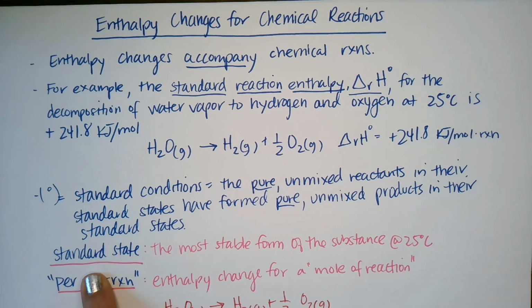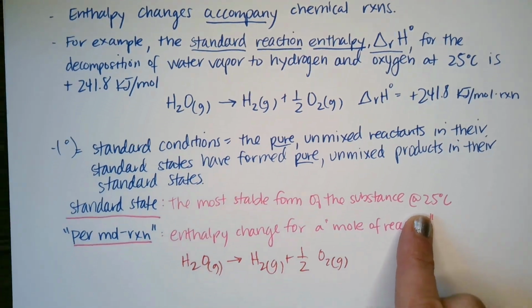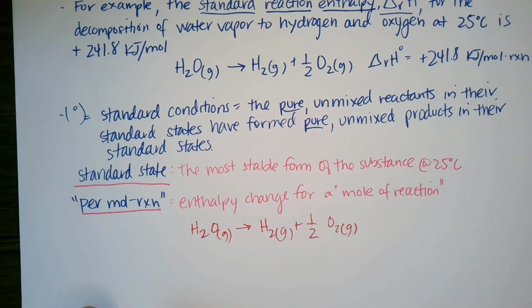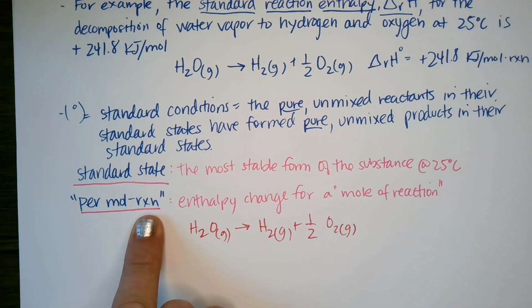The standard state of an element or a compound is defined as the most stable form of the substance in the physical state that exists at a pressure of 1 bar and at a specified temperature. And for most sources, this temperature is 25 degrees Celsius or 298 Kelvin.